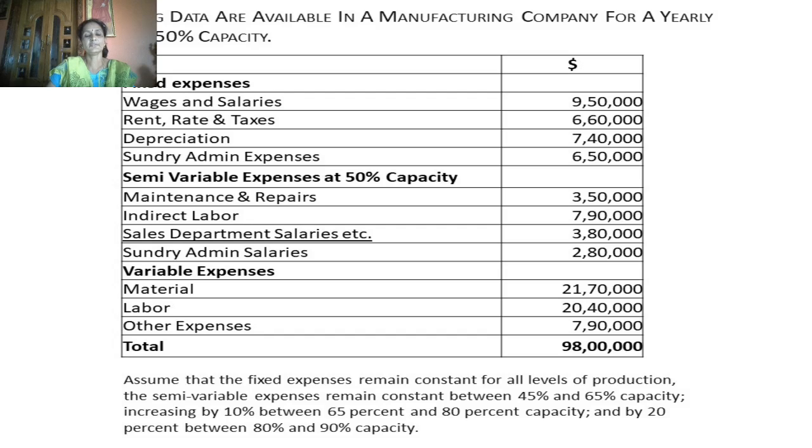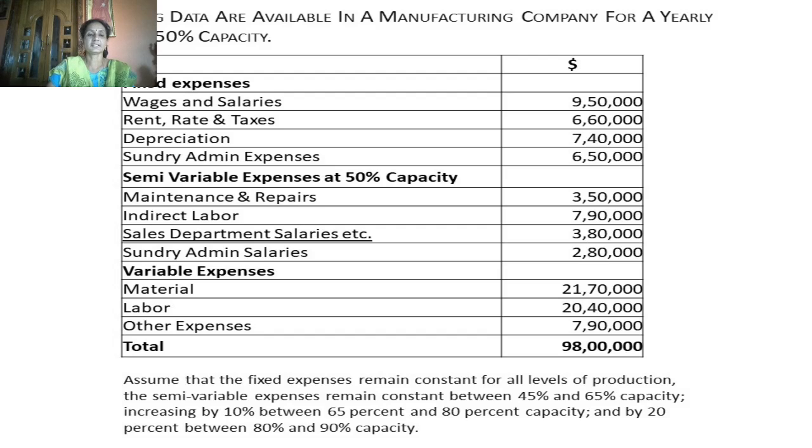And they have also given certain information regarding how we have to take out semi-variable expenses, how we need to account for these. What they have mentioned here is assume that the fixed expenses remain constant for all levels of production. The semi-variable expenses remain constant between 45% and 65% capacity.